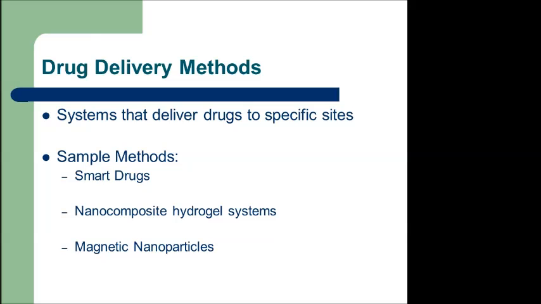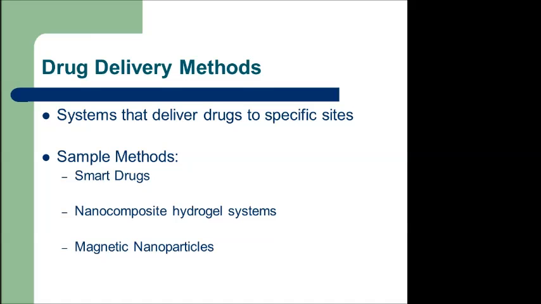Smart drugs means the drug will be applied to one particular tissue or region of the body by using nano robots. In nanocomposite hydrogel systems, the hydrogels are reinforced with composites and applied to the infected area. Magnetic nanoparticles are also there.